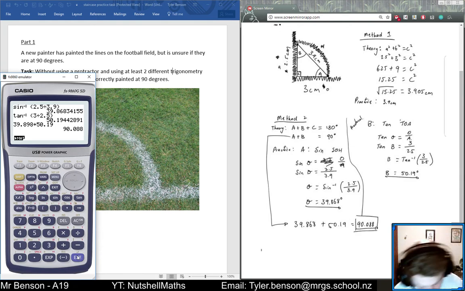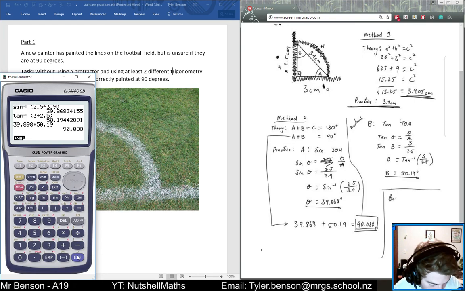And now we look at this value, 90.088, this here being the same as our 3.9, and I would write a sentence saying: based on my two methods, the theoretical answer, can we see this okay?